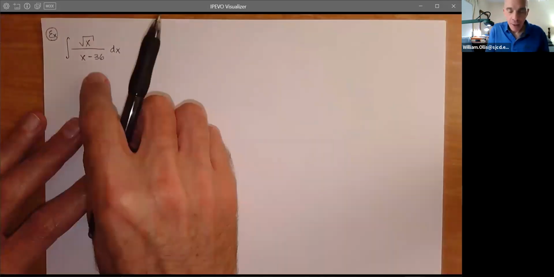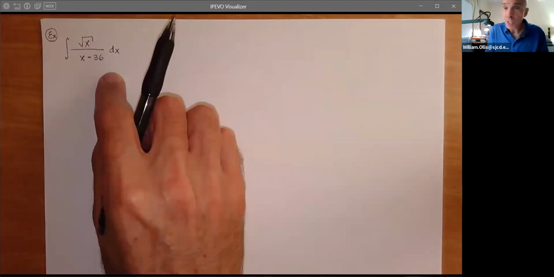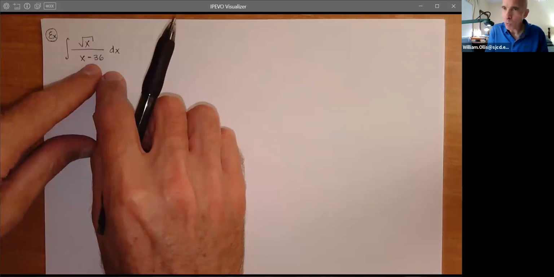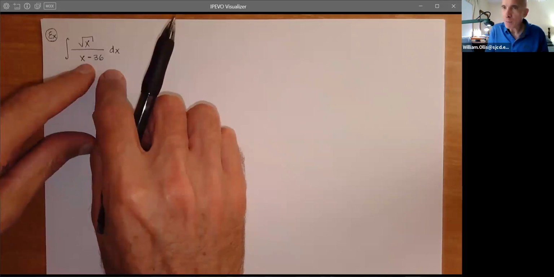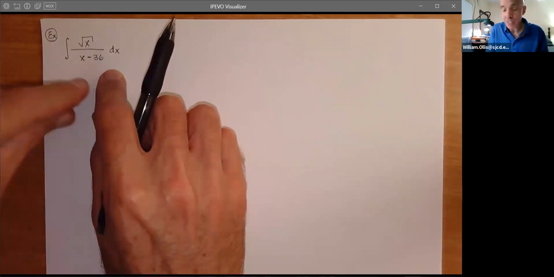Now, in this case, remember, the partial fraction decomposition technique works with rational expressions, so we can't really work it too well with radicals. So with this kind of problem, if we transform this to a problem that has rationals only, that is ratio of two polynomials, we can apply the decomposition technique.